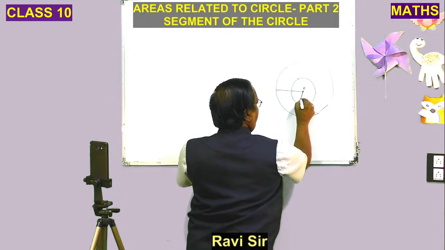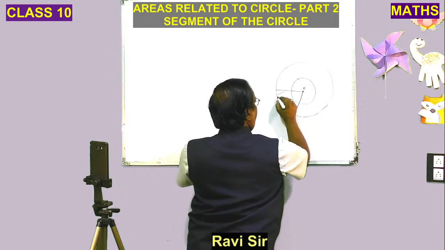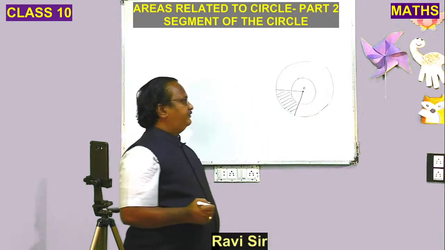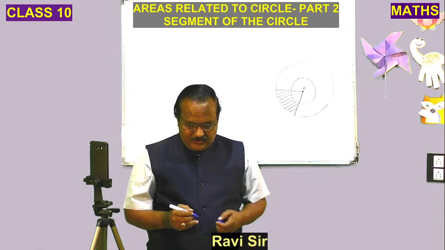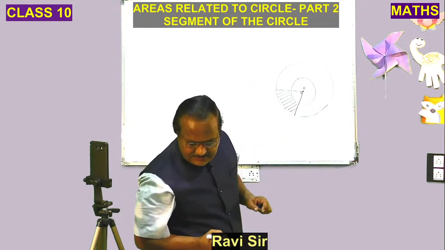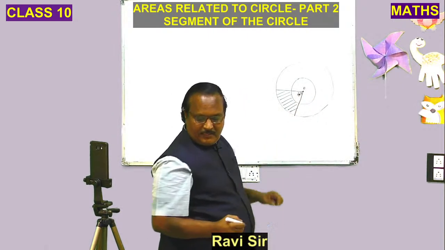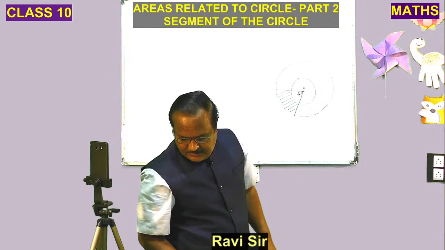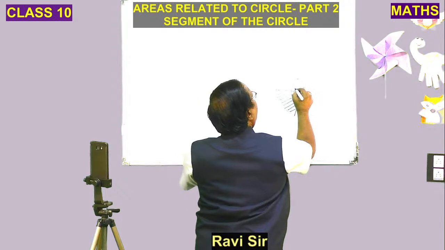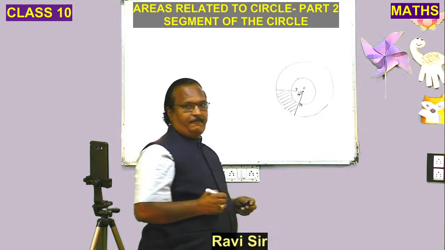So now you have radius, right? So now you have to find out the area of this shaded region, right? So the details are like this. This angle is 40 degrees, okay, and radius is 7 centimeters and 14 centimeters. The small one is 7 centimeters, the other one is 14 centimeters.